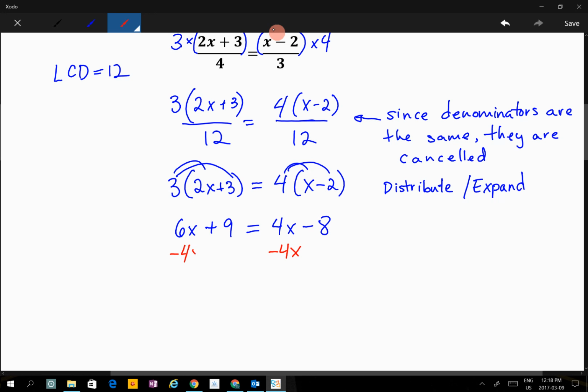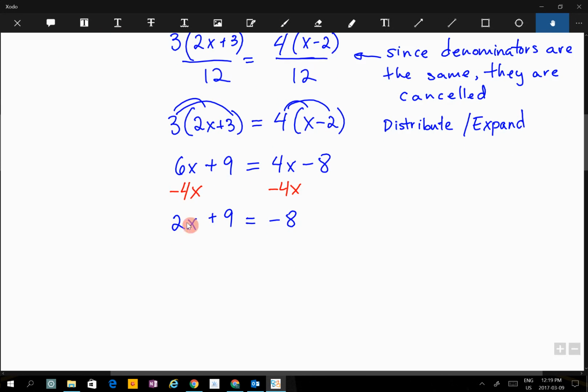Now we're doing it on both sides so you can keep the equation balanced. And by doing so, what will happen is that 4x minus 4x is 0, and I have the minus 8 left over on the right side, and I have 6x minus 4x, which is 2x, and I have plus 9 on the left side.